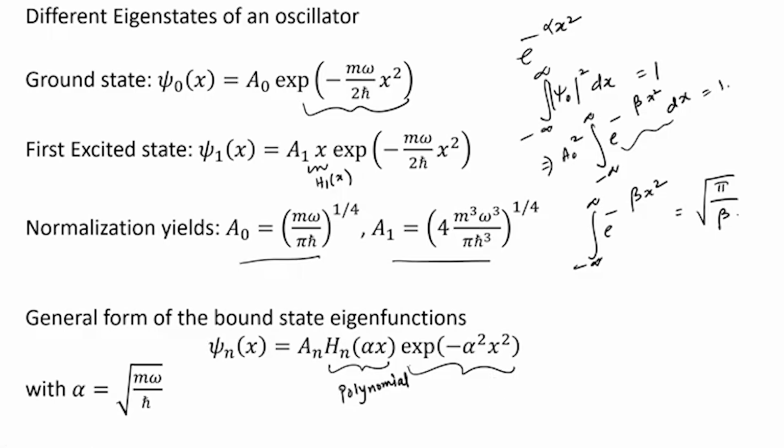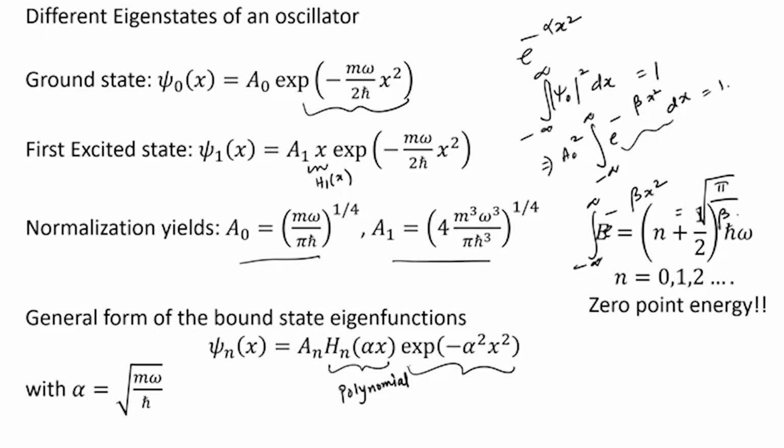I will show you a depiction of these different eigenstates. Since you now know how to do that integral, let me write it here: the integral of exponential minus beta x squared dx from minus infinity to plus infinity is equal to root over pi by beta.